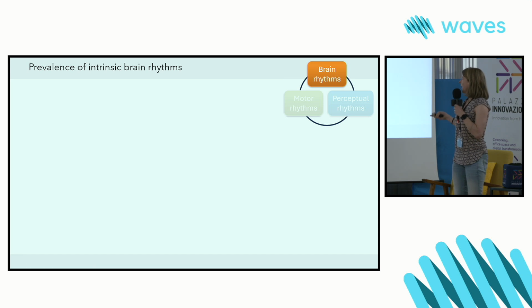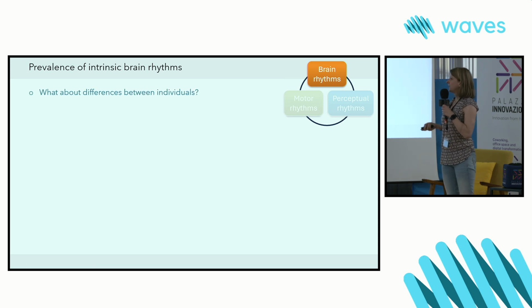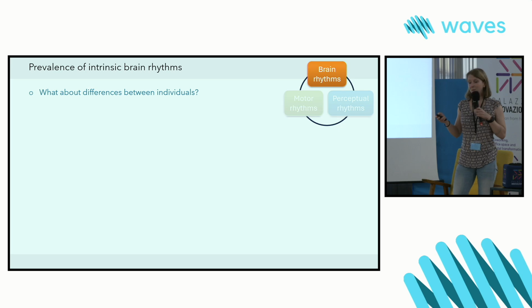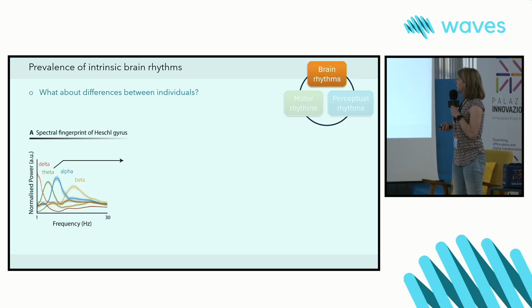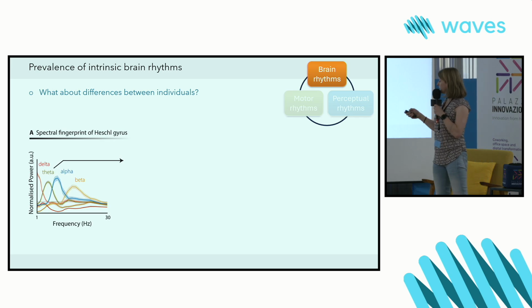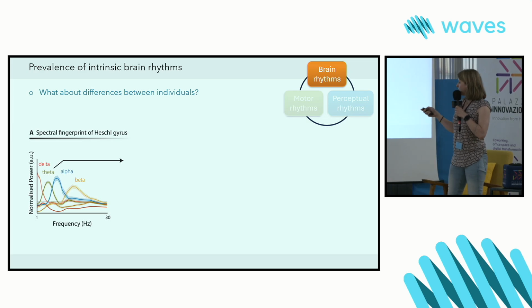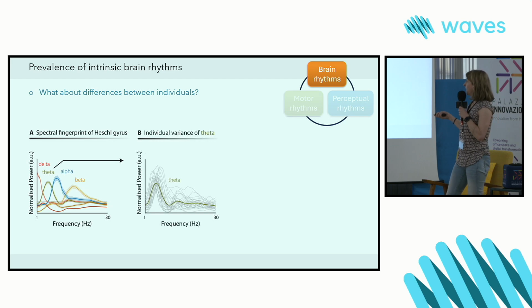But since then, I became more interested in differences across participants. And I just want to illustrate how different these can actually look. So this is the cluster, or the brain activity pattern that we've seen before of the left Heschl's gyrus. And if we now single out the theta rhythm here, this is the group cluster, but we can look at all the individual spectra that form that group cluster.